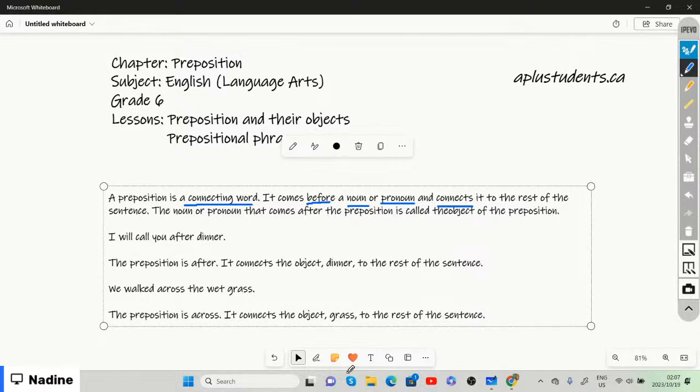If we look at an example, it says, I will call you after dinner. Our preposition is after.